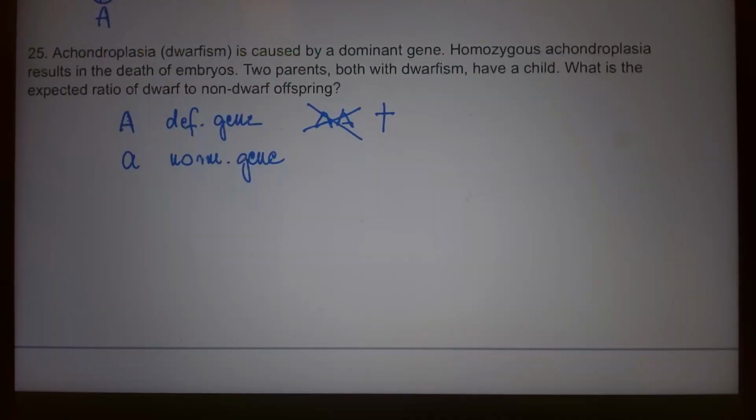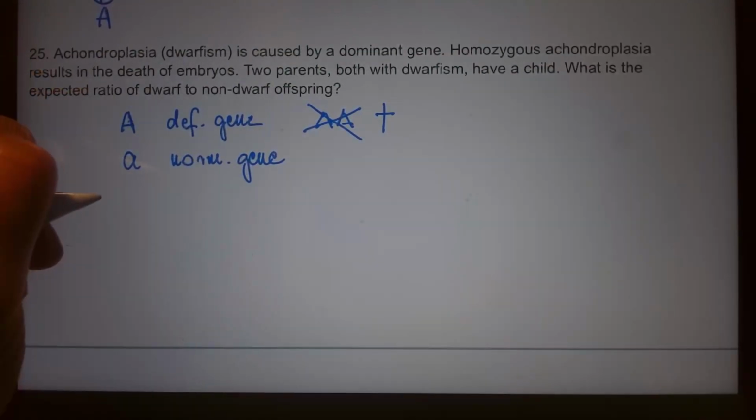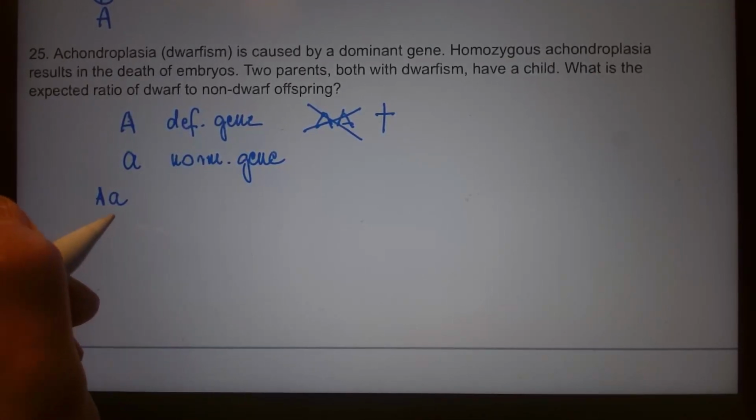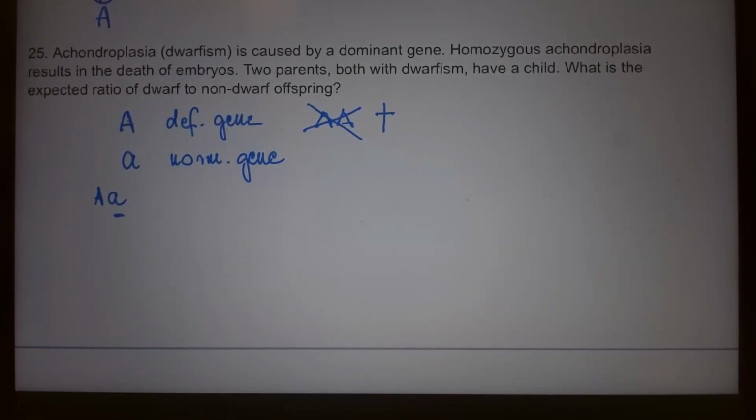So anybody with achondroplasia dwarfism must be heterozygous. They have to have one normal gene and only one dominant achondroplasia gene.